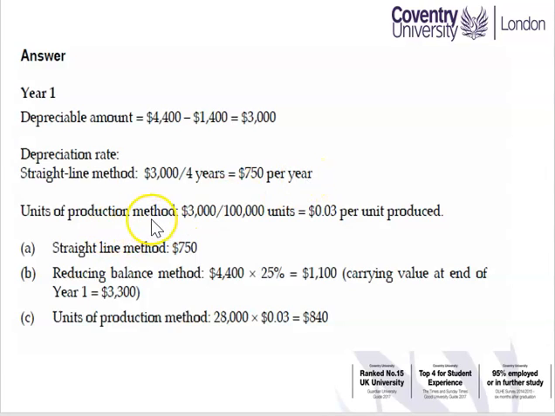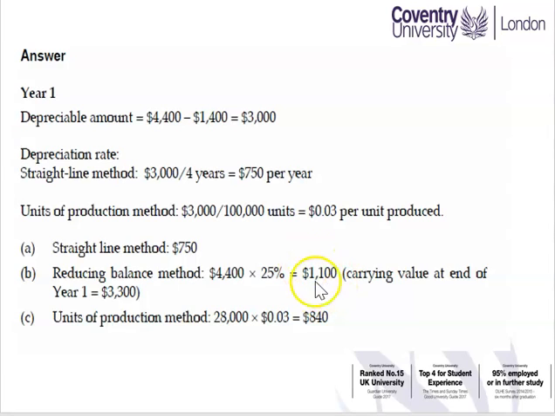For the units of production method, 3,000 is the depreciable amount divided by 100,000 units, which means 3 cents per unit produced. So based on that, the straight line method is $750. The reducing balance method is not the depreciable amount but the cost, 4,400 times 25%, which is 1,100.